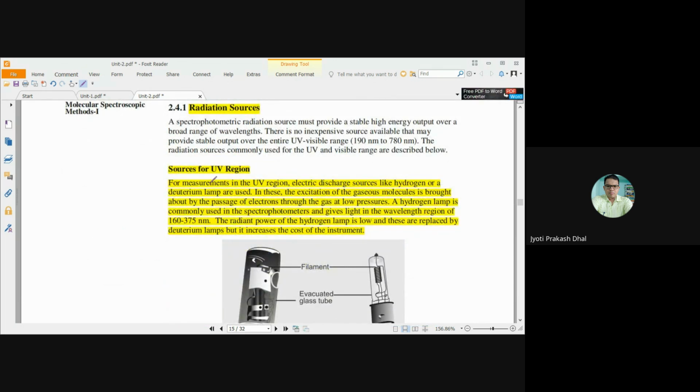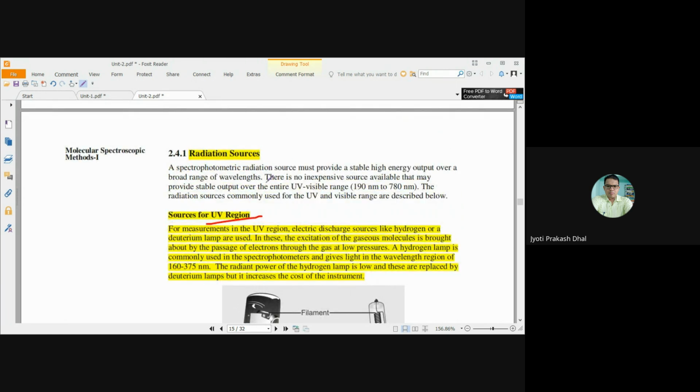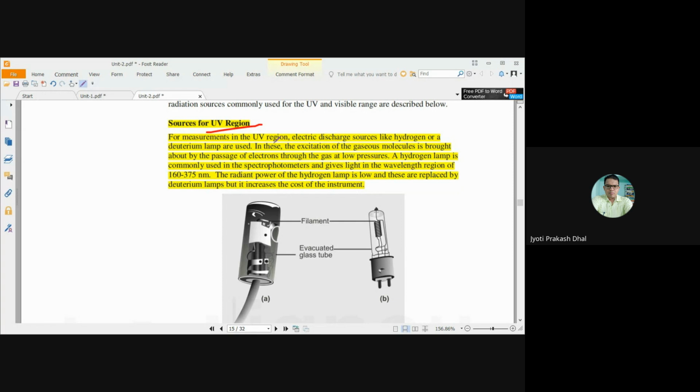Here different radiation sources are there. First we will discuss the radiation source. For measurement in the UV region, electric discharge sources such as hydrogen or deuterium lamps are used. In these, excitation of the gaseous molecule is brought about by passage of electrons through the gas at low pressure. A hydrogen lamp is commonly used in spectrophotometers and gives lines in the wavelength range of 160 to 375 nanometers.